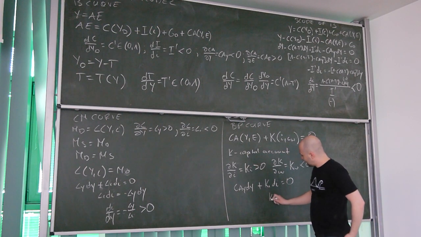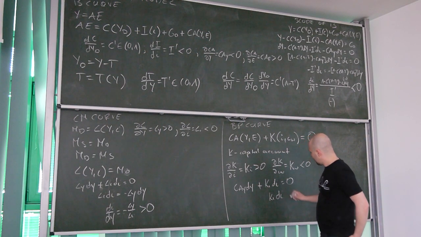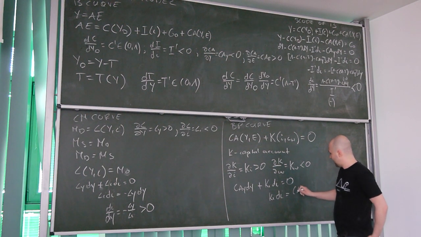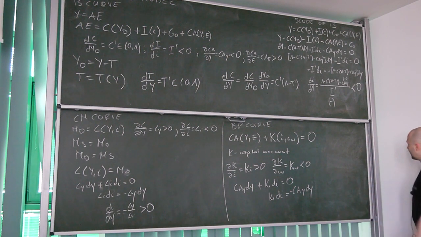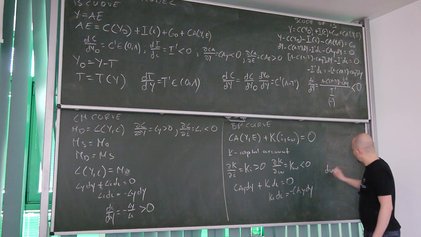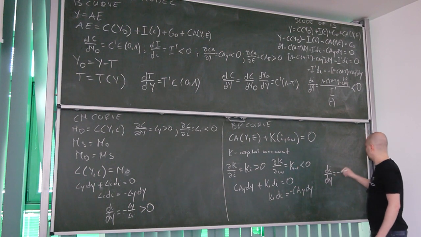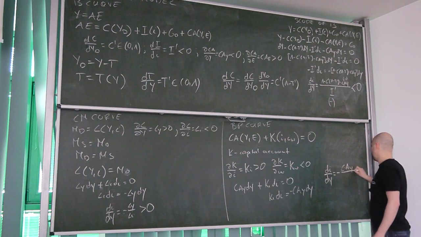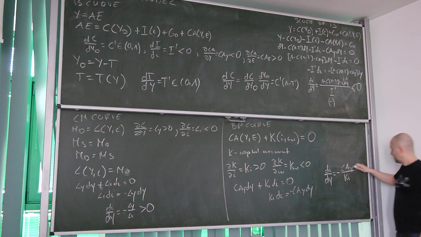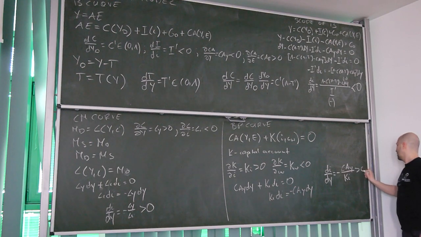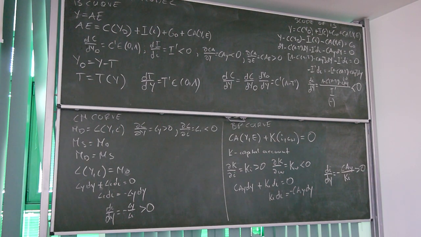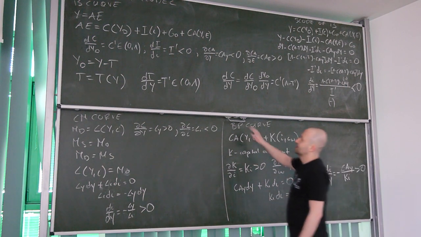So we got Ki di equals negative CAy dy. Now dividing both sides by dy and Ki, we get that di/dy is equal to negative CAy over Ki. CAy is negative, so we have a minus up front, and Ki is positive. So we get that the slope of the BP curve is positive.